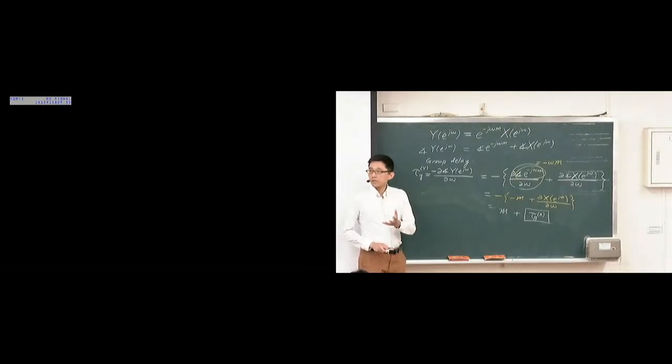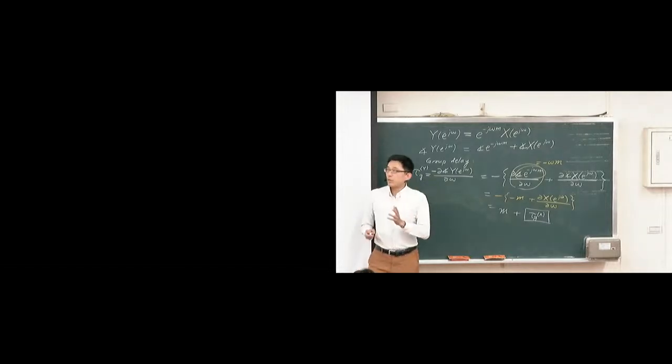So that makes a lot of sense. Why? Because the group delay of a signal means how long you need to wait for the center of a signal to come. We'll come back to this. So there's a deeper insight in the shift theorem. It makes a lot of sense.